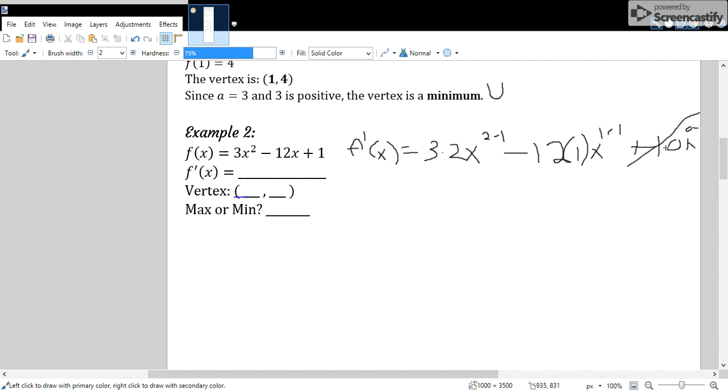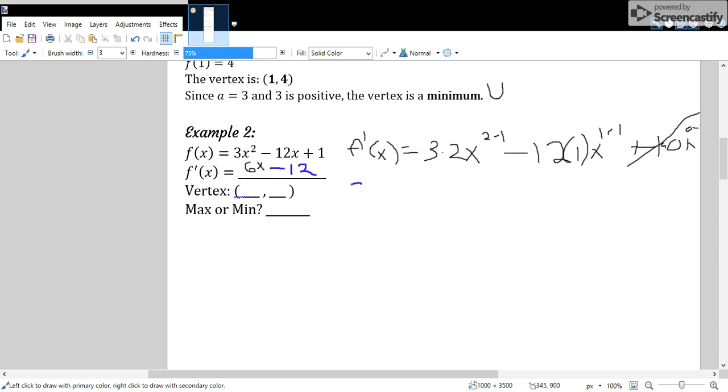So that's just 0, so we don't have to write that again. 3 times 2 is 6, so 6x to the first power minus 12, and x to the 0 power is just 1.